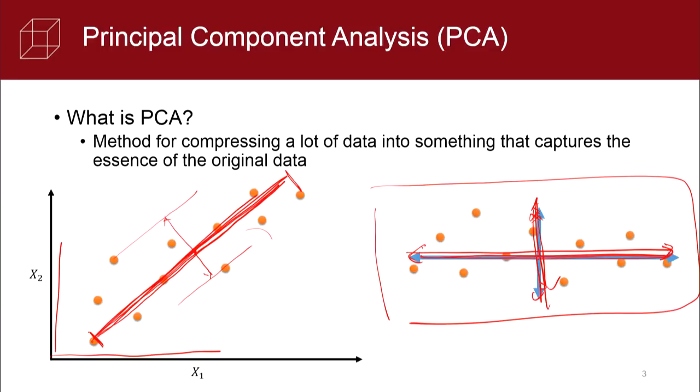These new axes that describe the variations are called principal components. The first one, I will say principal component 1, captures the direction with the most variation in the data. This principal component 1 captures the maximal variation of the data.